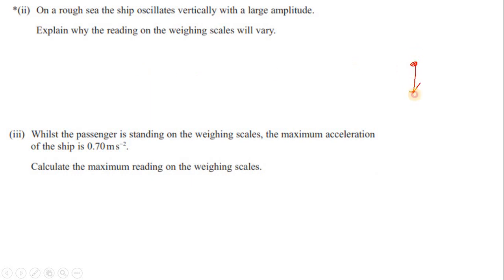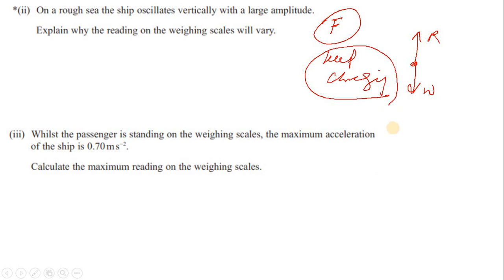Other than the weight and the contact force on the passenger, we have an additional force F acting on the passenger, and this F keeps changing in magnitude as well as direction. It depends on the position of the ship at that moment, whether the ship is going up over the wave or going down through the trough of the wave. Because F is changing, the contact force R keeps changing.